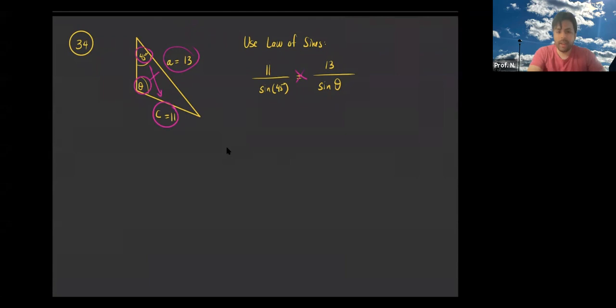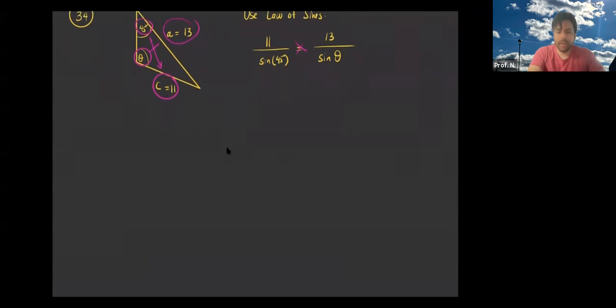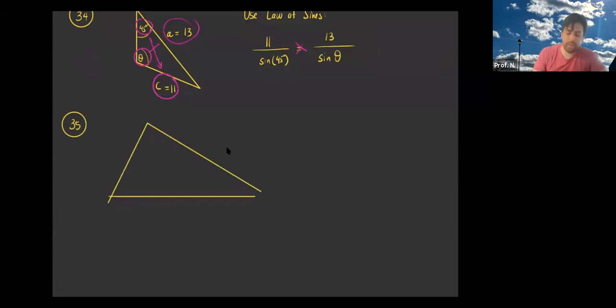And number 35 is easier than the one that we just did. 33 was the hardest one. 35 is not supposed to be hard, and neither is 34, because it's only a one-step problem.